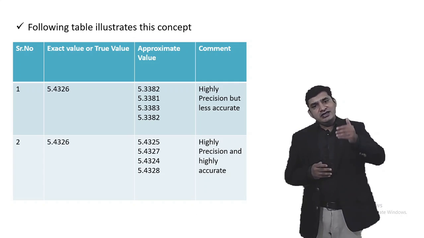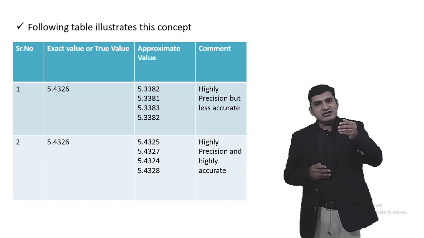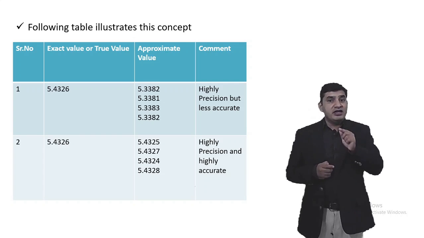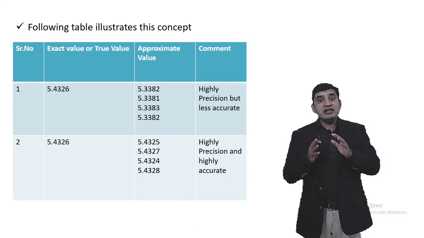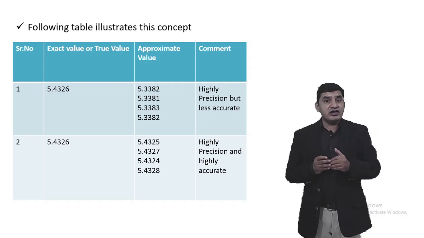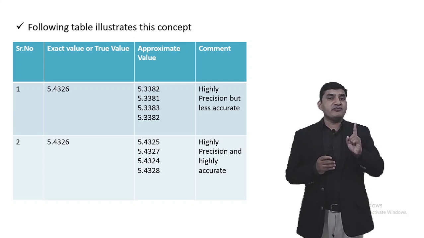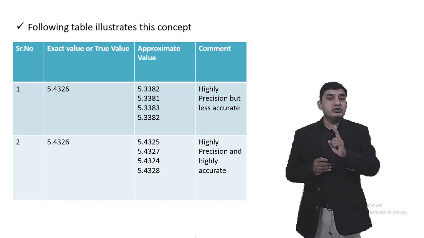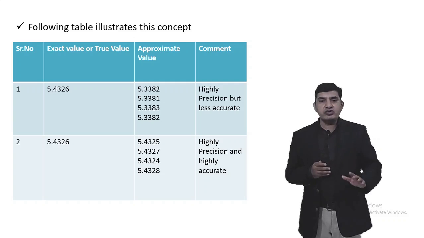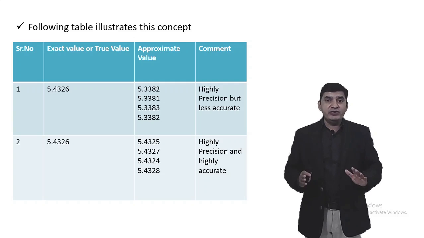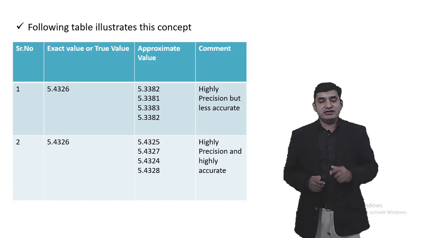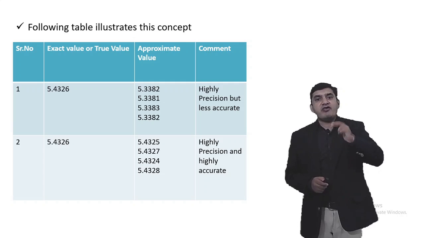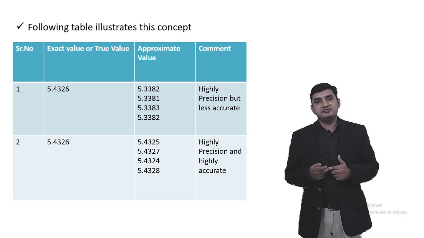Now, here only the last significant digit changes, but our accurate value is 5.4326, so this value is not accurate or is less accurate, but the approximate value is repeated.